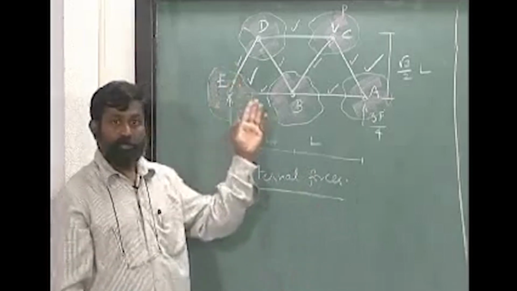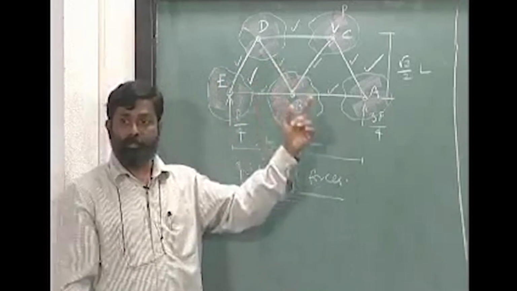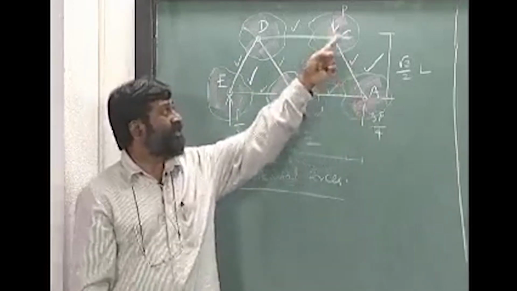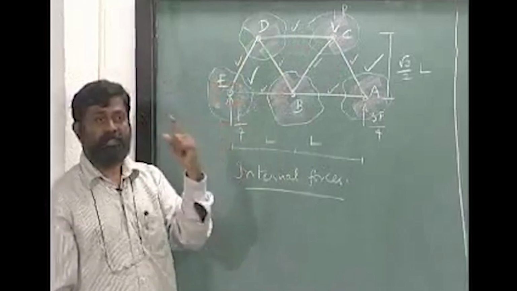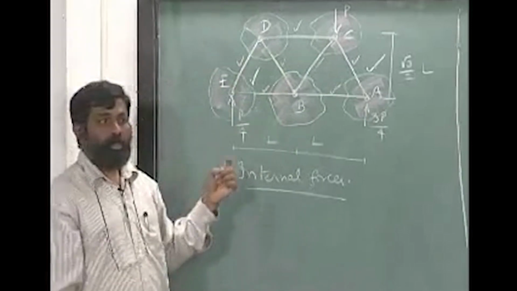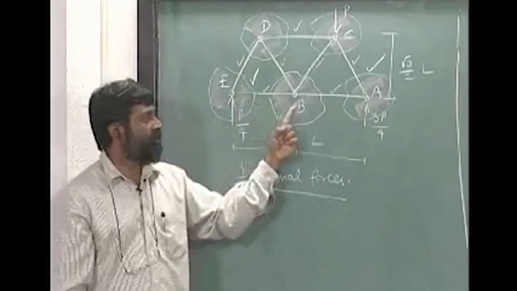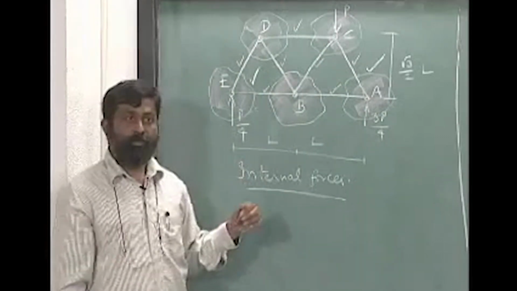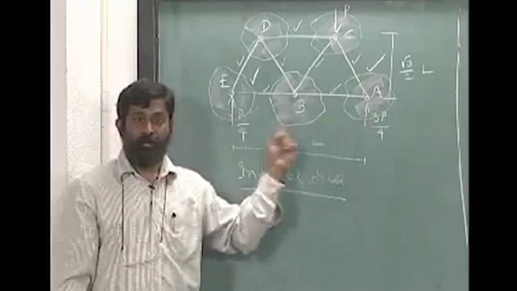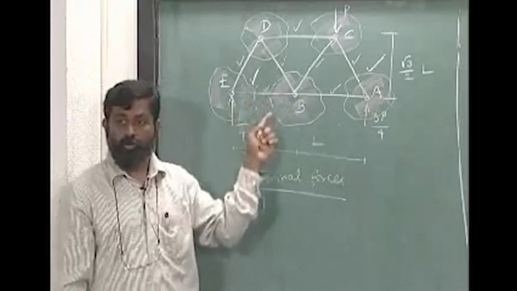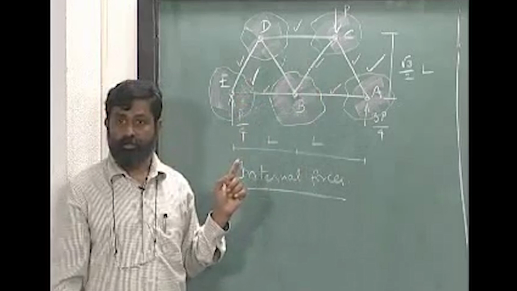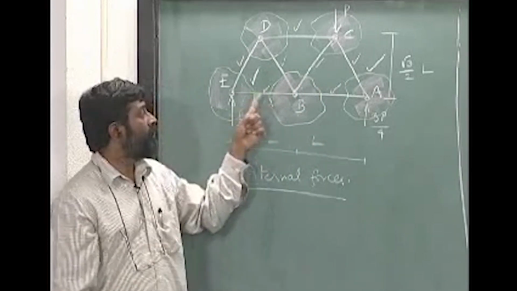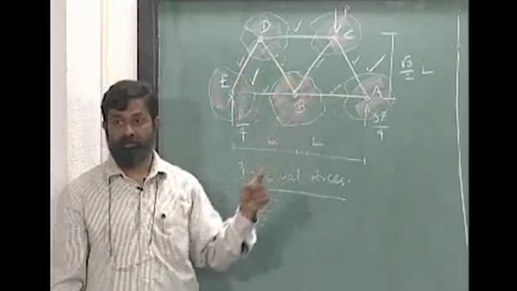I can now start to examine and find out the internal forces by drawing the free body of each of these domains that encircle a single joint, or in other words, free bodies associated with each of these joints. After doing that, I will pick the appropriate order of these joints for writing equilibrium equations to solve for the internal forces in these members.